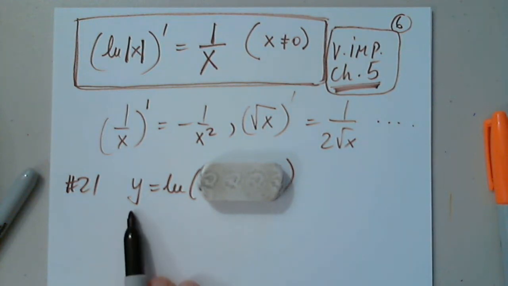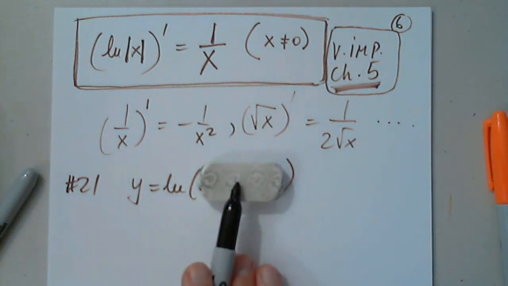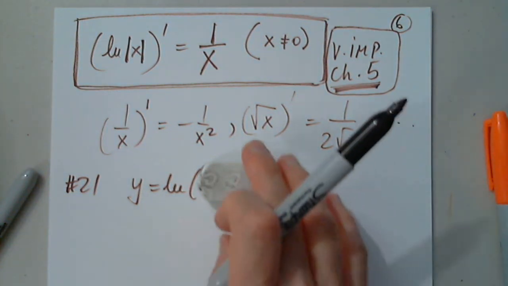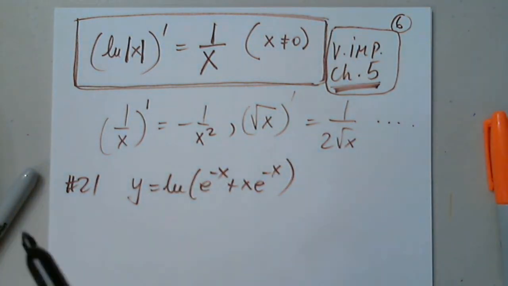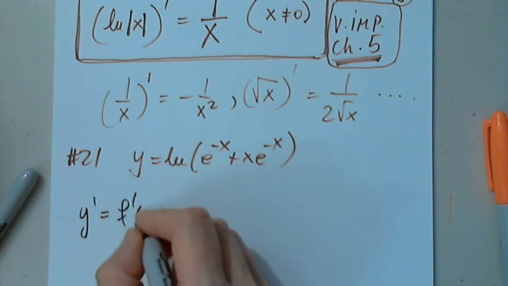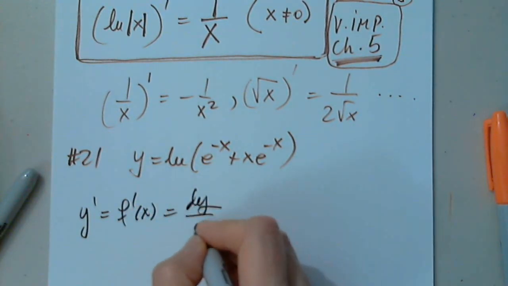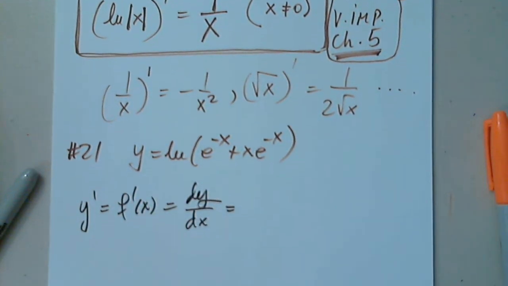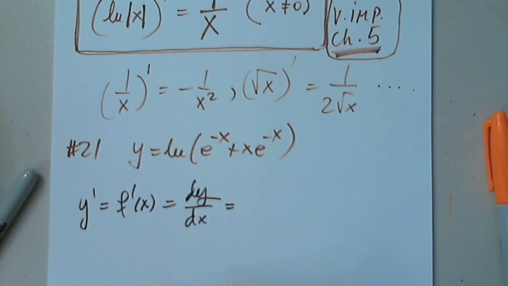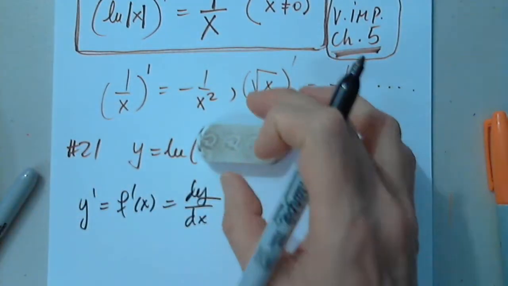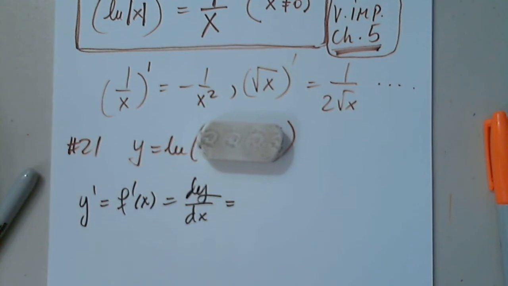So I have a function that is a natural log of another function. How do I start? Y prime, or if you want f prime, or if you want dy over dx. They all mean the same thing. So I have natural log of a function prime. What should I start with?